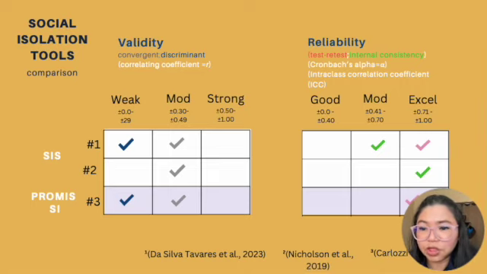Discriminant validity measures a particular construct that does not correlate with a test that measures a different construct. So you want this to be weak. For example, the SIS score showed weak correlations with the total score of the Satisfaction with Life Scale. So it just means that older adults that are satisfied with their life should have no or lower risk of social isolation.